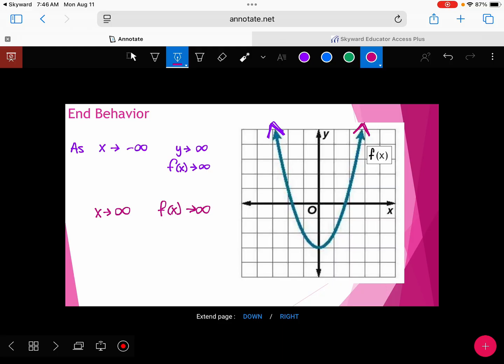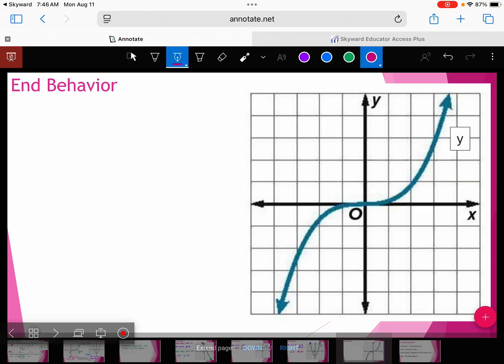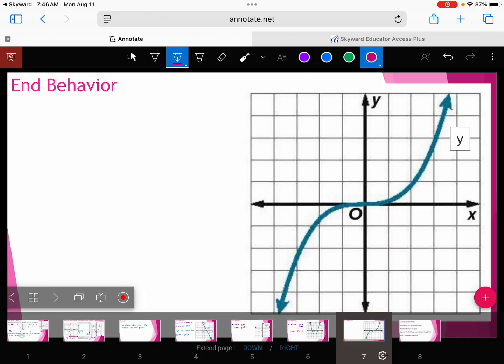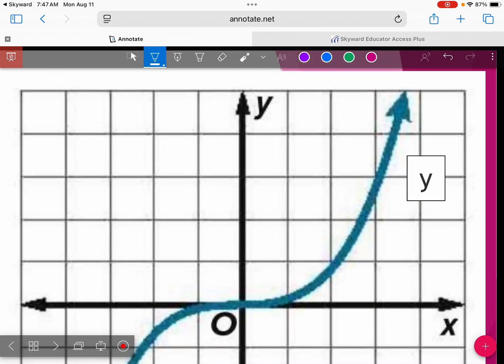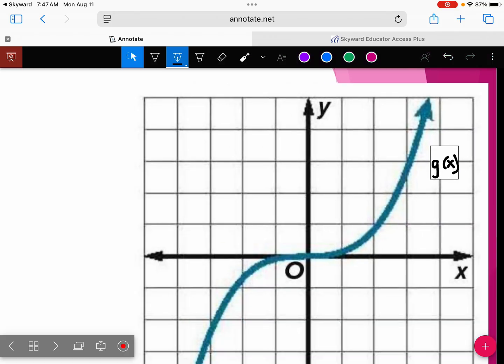We're going to try this another time. Now we're going to have a squiggly one. And in your notes, this one's marked as g of x. So I'm just switching my names again. That's one of the reasons we have that.